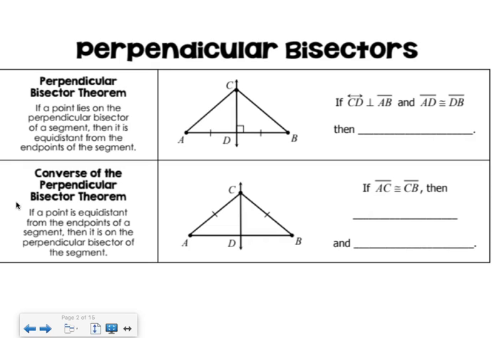So it says, if a point lies on the perpendicular bisector of a segment, then it is equidistant from the endpoints of the segment. So let's just break this picture apart.